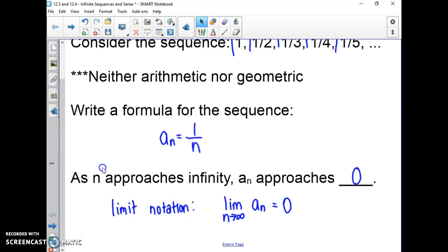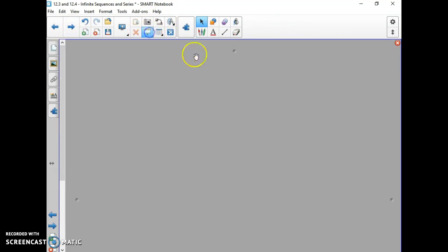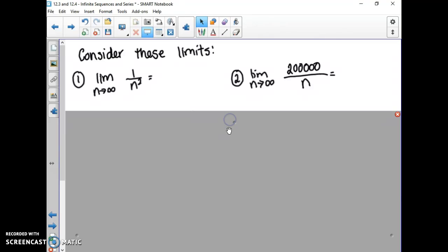Okay? So that's what our notation looks like. It reads the limit as n approaches infinity of a sub n equals 0. Okay? So let's consider these limits right here. I'll let you copy those down.